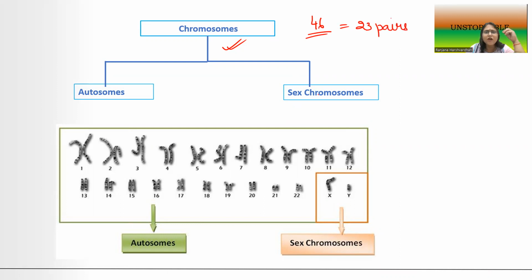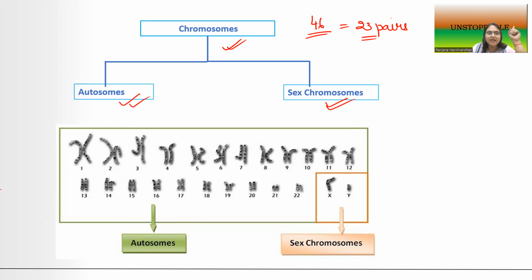Of those 23 pairs, the first 22 pairs are called autosomes, and the last pair is called the sex chromosome.